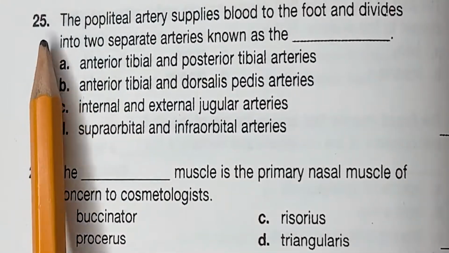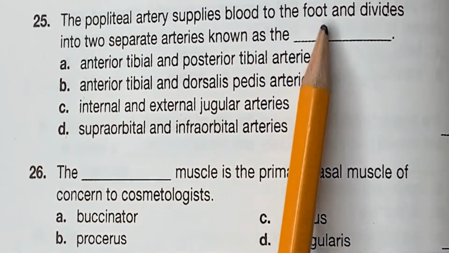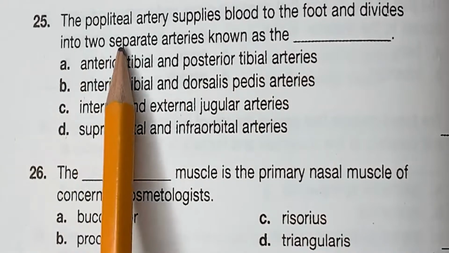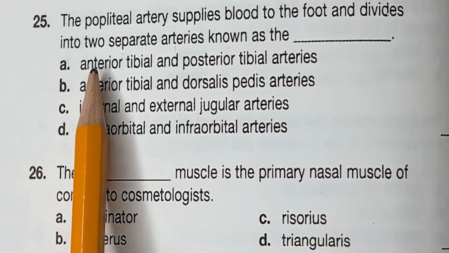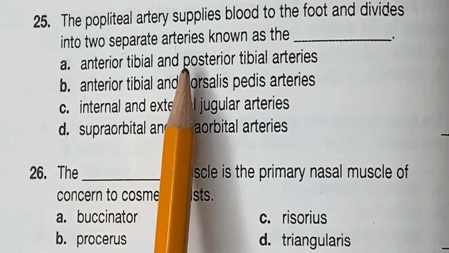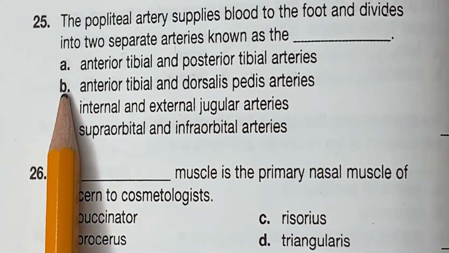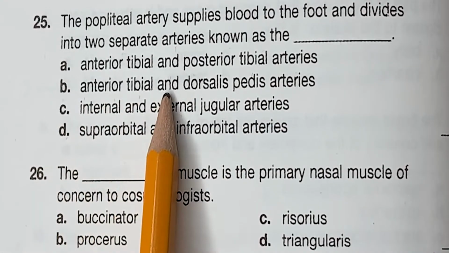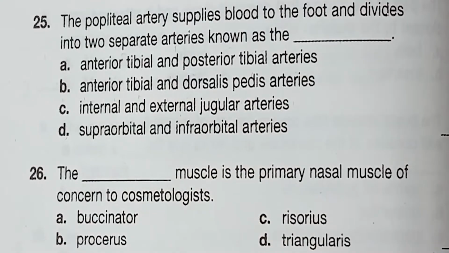Number 25. The popliteal artery supplies blood to the foot and divides into two separate arteries known as the blank. A, anterior tibial and posterior tibial arteries. B, anterior tibial and dorsalis popliteal arteries.